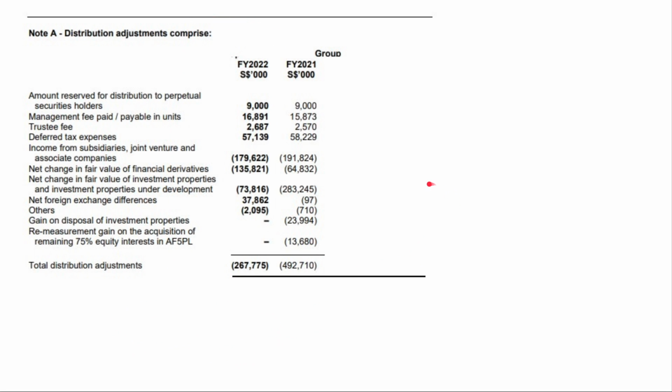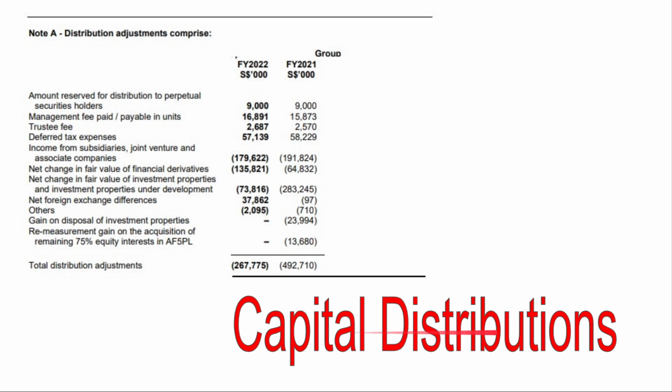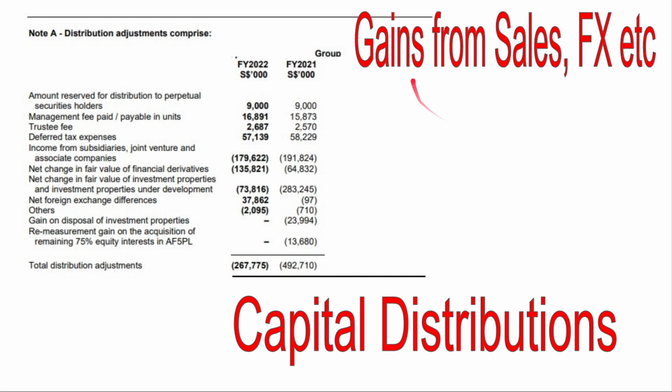Something else that affects the DPU will be the capital distributions, which is very common actually. So there are many forms of capital distributions which are not distributions from the operations. So first of all will be gains from sales and FX. So if a manager buys a property and subsequently sells the property for a higher price, so there's a capital gain, right? And this gain can then be distributed to the unit holders via capital.